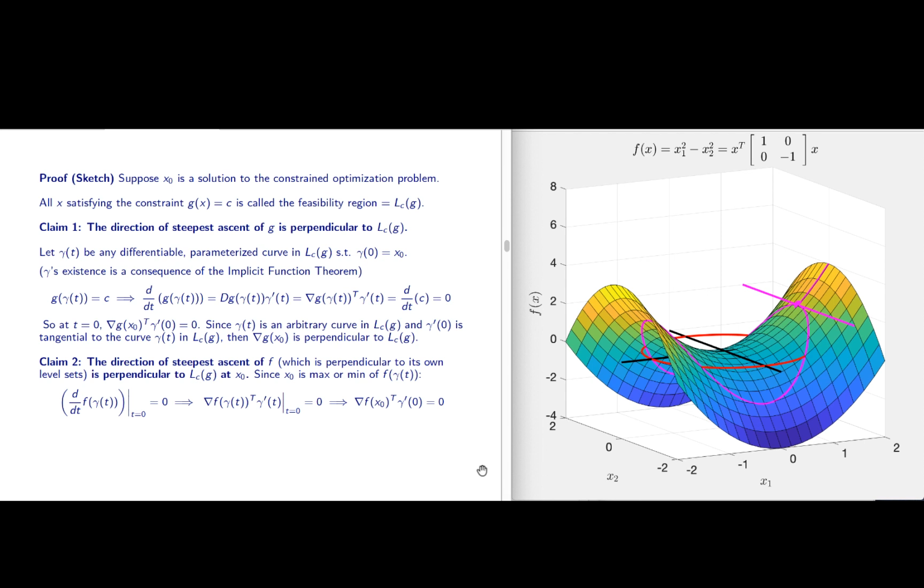So the gradient of f at x naught transpose gamma prime of 0 is 0. Remember that gamma prime of 0 is tangential to my red circle. So since the gradient of f at x naught and the gradient of g at x naught are both perpendicular at x naught, then they're parallel. And we've proven our result.